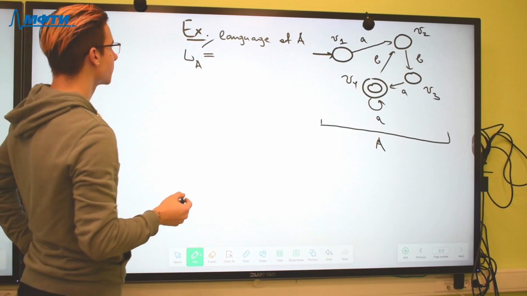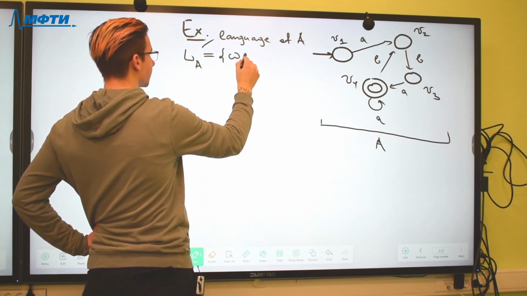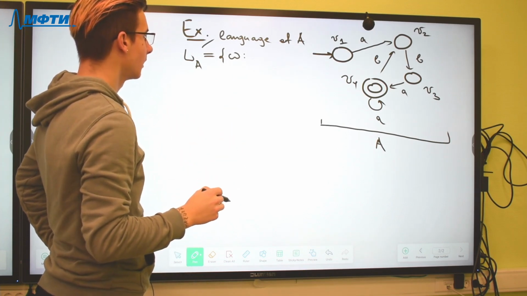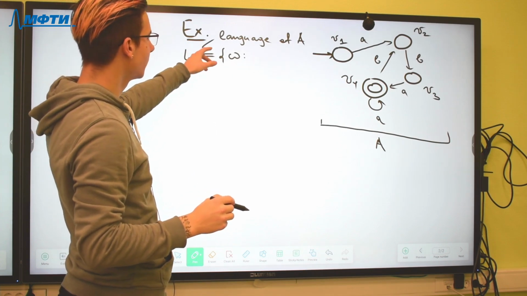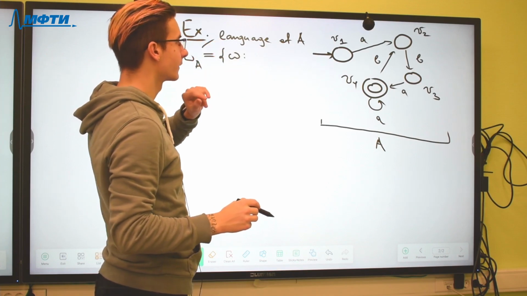It is equal to the words, and we can look at the words as paths in this graph.